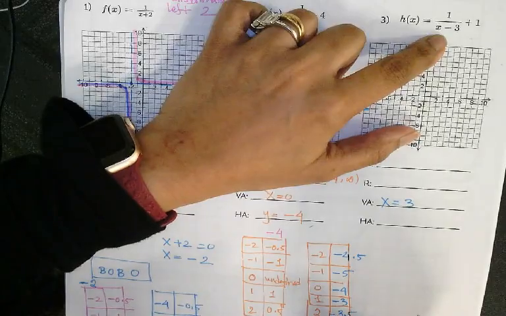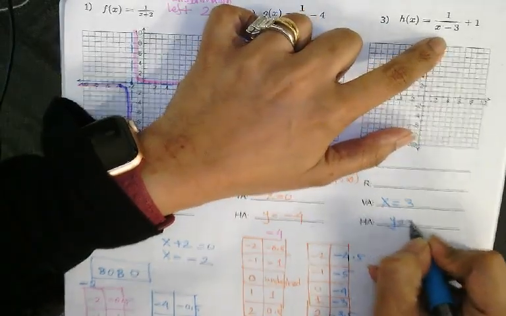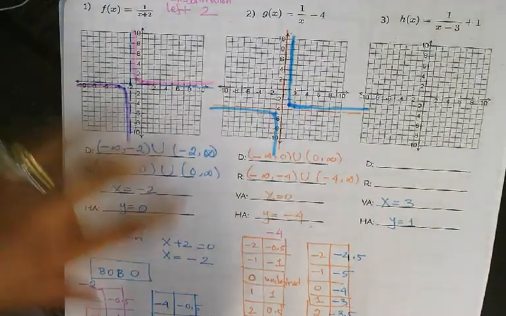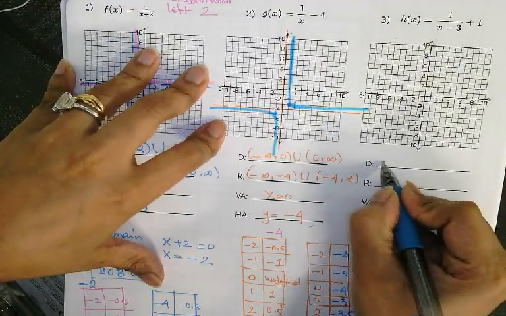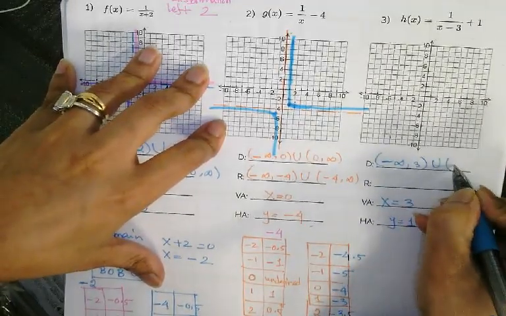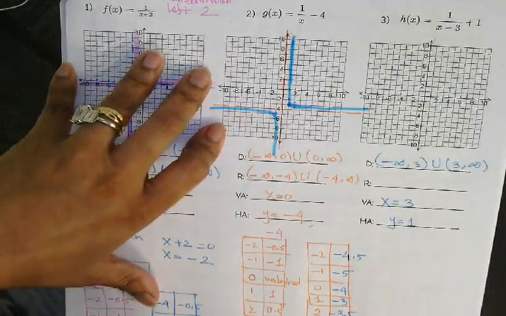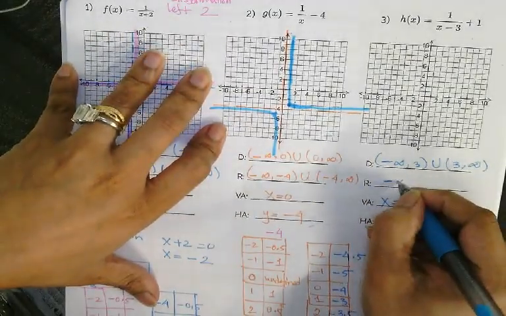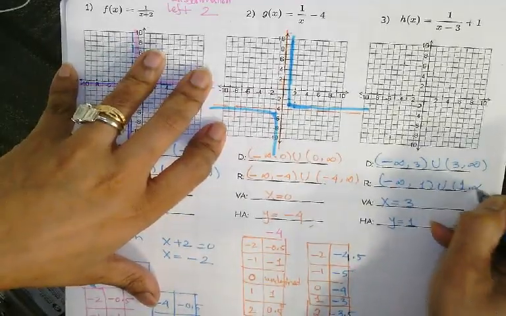And horizontal asymptote? Y equal to 1. Domain. Negative infinity up to 3, union 3 to infinity, and range. Negative infinity up to 1 and 1 to infinity.